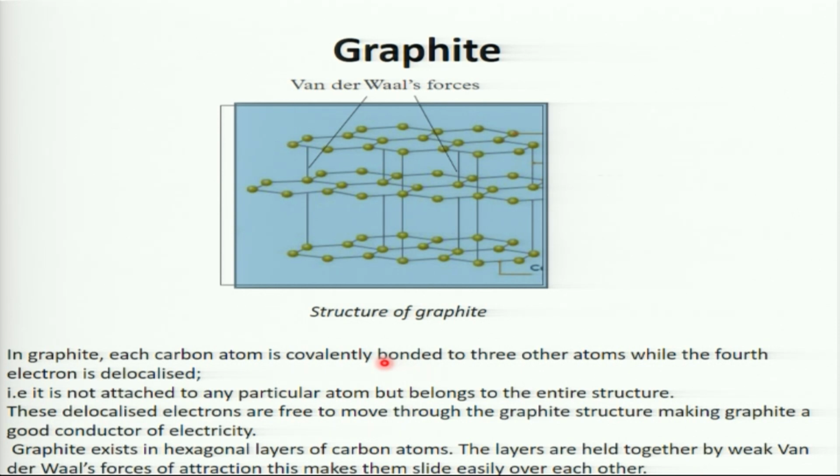Then we relate the physical properties of graphite with its uses. We relate the physical properties with the uses. How the structure of graphite relates with the functions or the uses it performs.